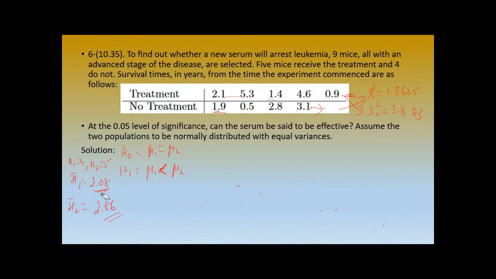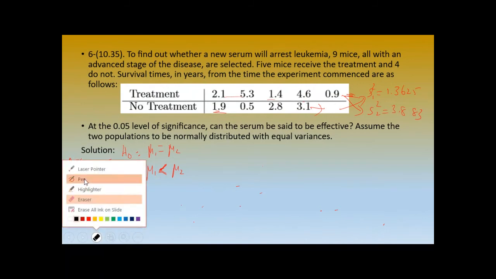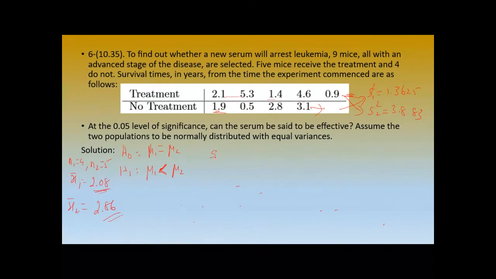Okay, now let me start this one. The formula for SP is known, we have written it in the beginning, so I won't repeat the formula. S1 square is this one, 1.36. I'm writing the information and calculating the answers.